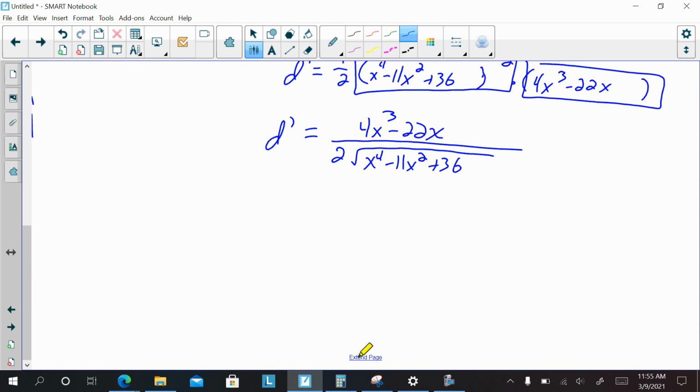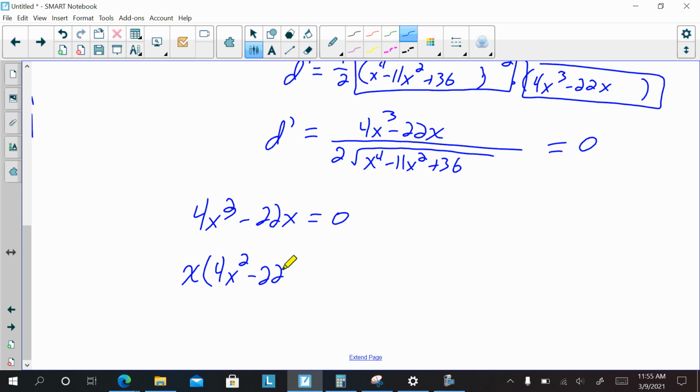So where do maximums or minimums occur? They occur at critical points, which is where our first derivative is either undefined or where our first derivative is equal to 0. So let's find out where our first derivative is 0. If we have a fraction equal to 0, the only way that can be true is if the numerator equals 0. We can factor out an x on the left side. If we factor out an x, we're left with a 4x squared and a 22.